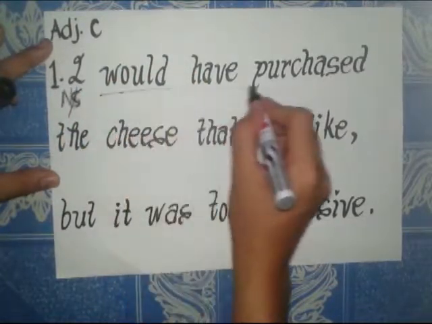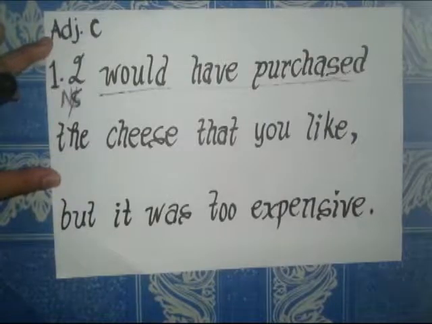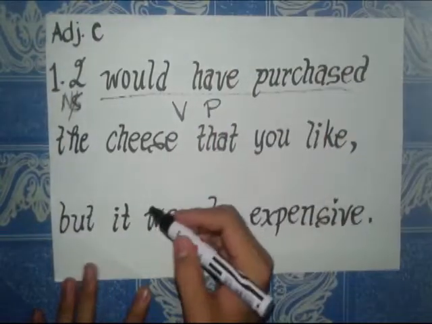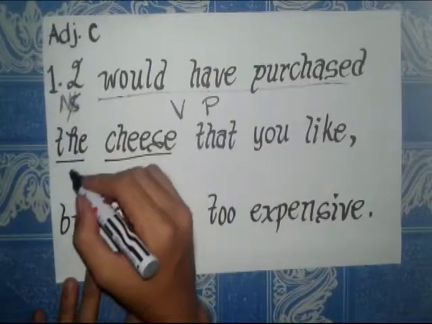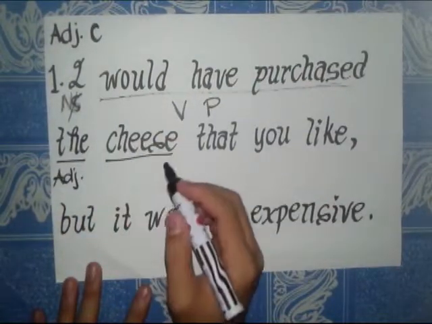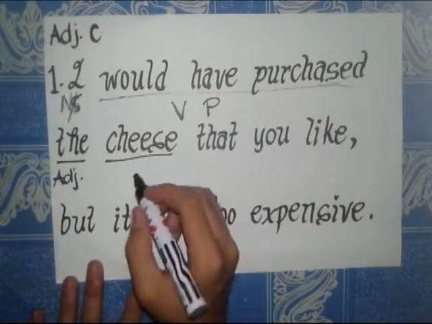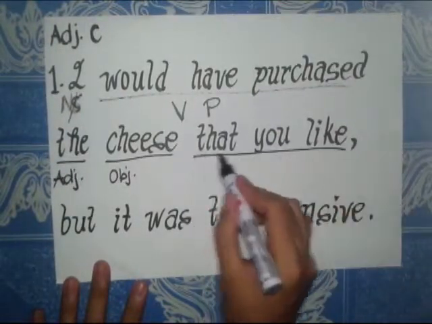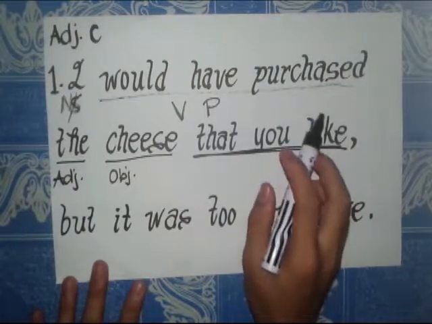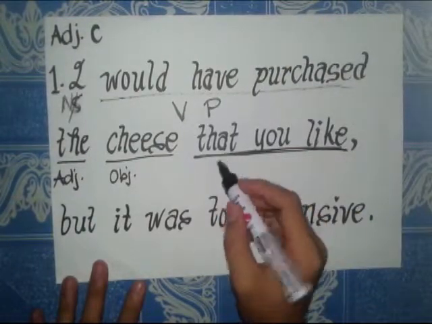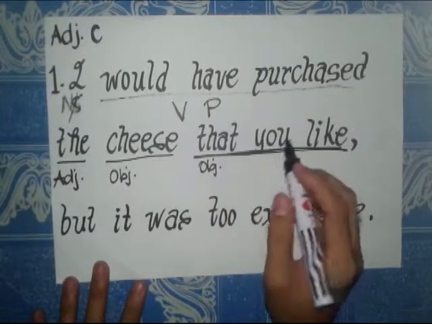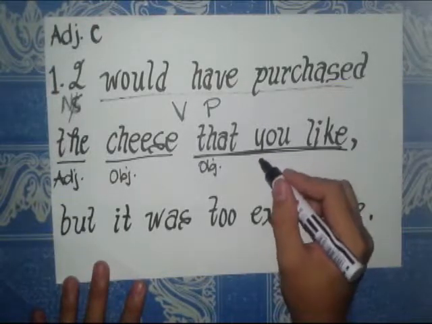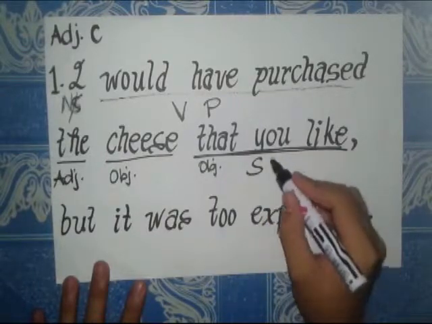Would have purchased here is the verb phrase. Then the cheese: the is the adjective, an article, then cheese as the object of the verb. Here, that you like, is what? The adjective clause. That is an object; we'll know why it is an object later. You is the subject in this clause, and it is a noun.